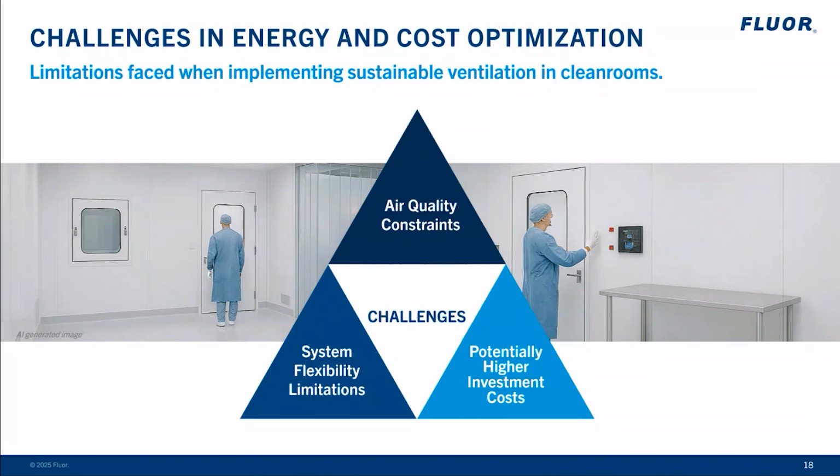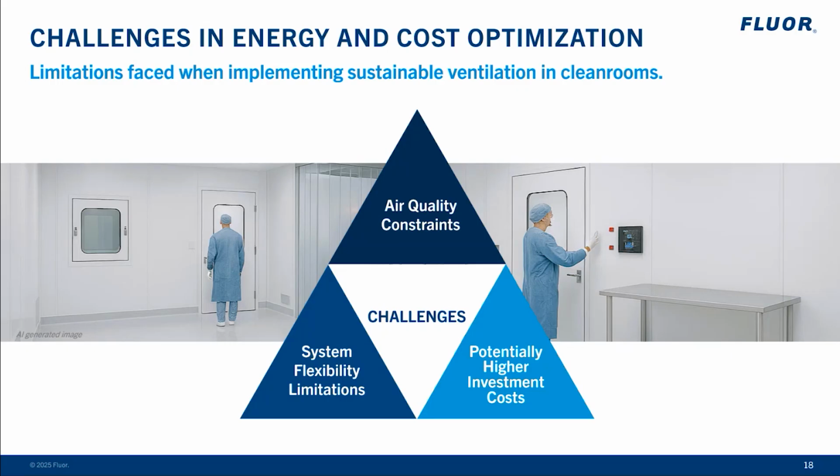While they do not impose a fixed air change rate, they require proven contamination control and recovery times. This makes reducing airflow challenging without extensive risk assessment and validation, limiting straightforward energy optimization.